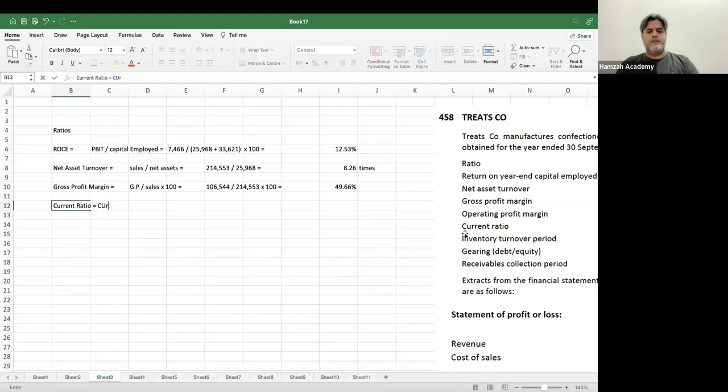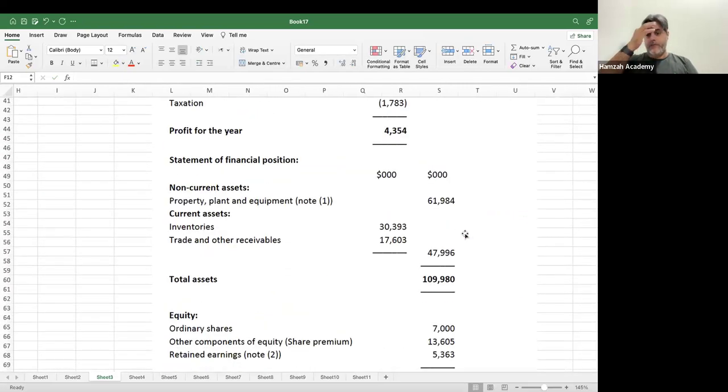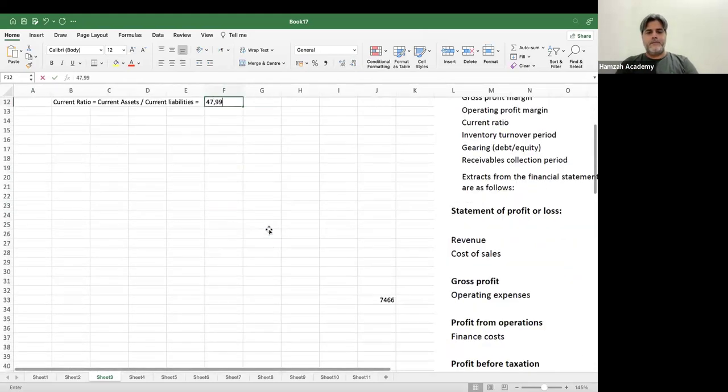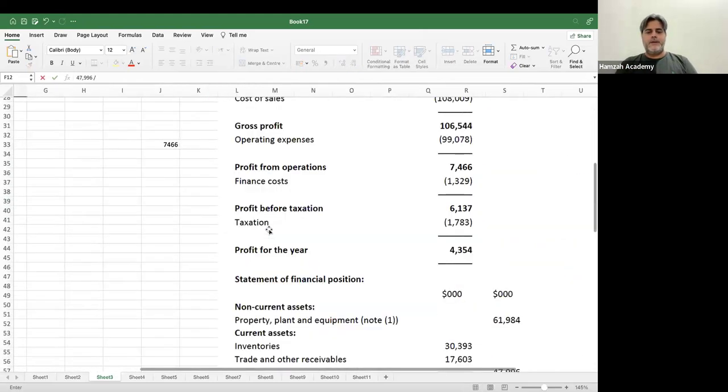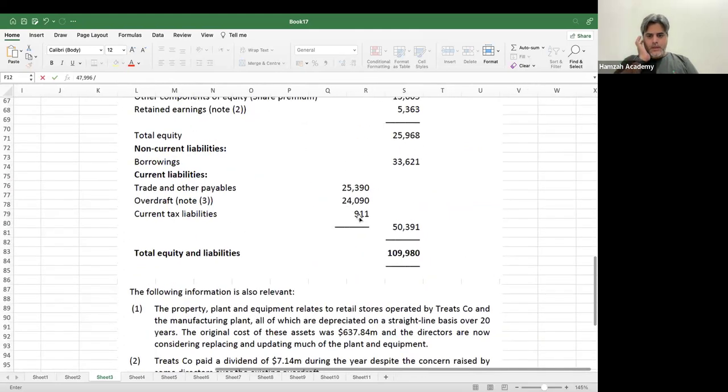Then I have the current ratio. The formula is current assets over current liabilities. Current assets are 47,996 divided by current liabilities of 5391.